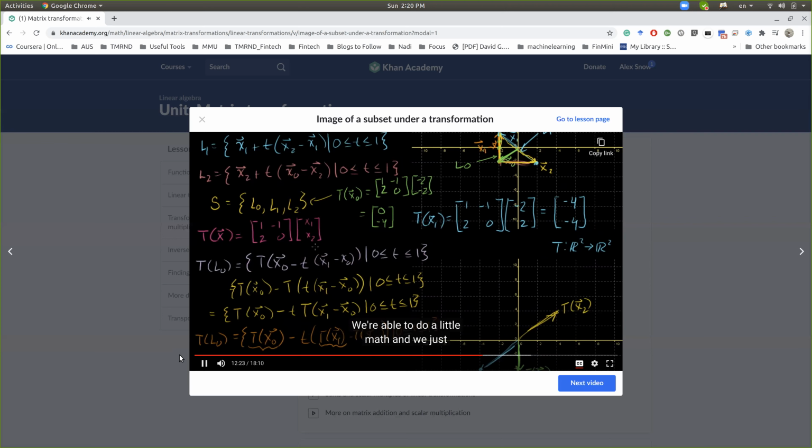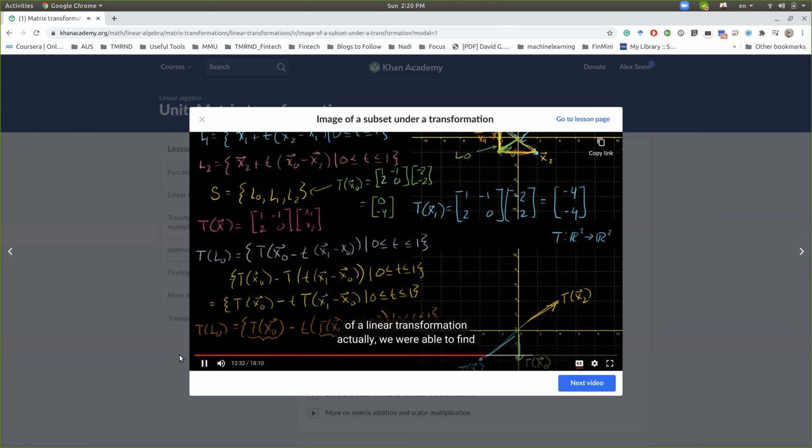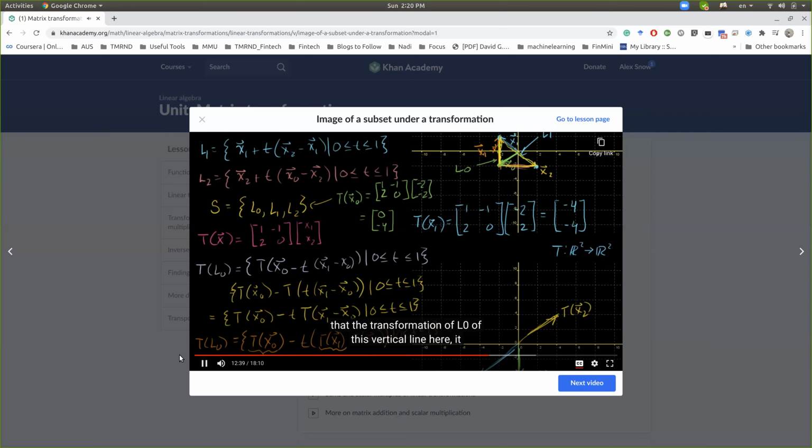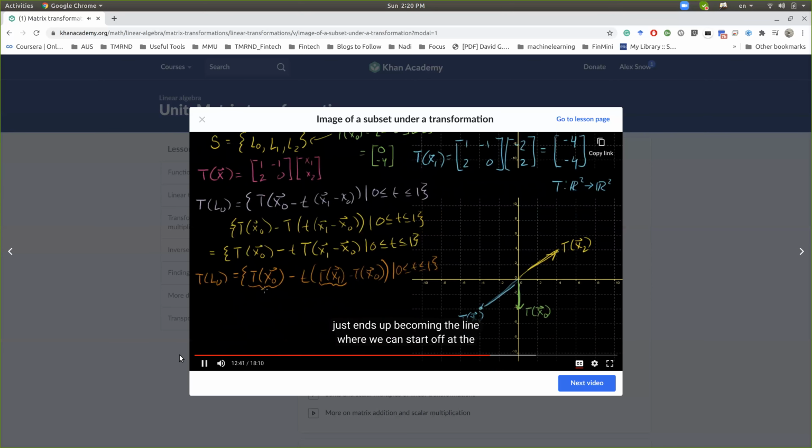We were able to do a little math, and when we just did L naught right there, using the definition of a linear transformation, we found that the transformation of L naught, of this vertical line here, ends up becoming the line where we start off at the transformation of x naught, that's this point, and to that I add scaled multiples of the transformation of x1 minus the transformation of x naught.